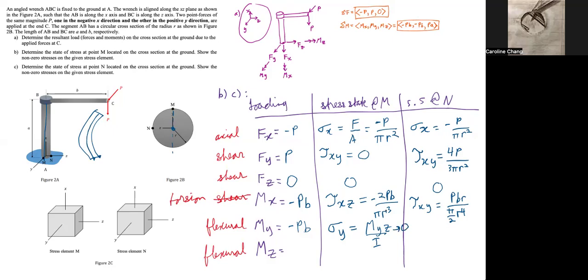So we can either show that the stress along the y-axis in that direction due to the flexural stress of My is equal to 0 through algebra or equation, or we can just think about it as: because the stress element lies along the neutral axis, it will be 0 since it won't be either compressed or under tension in that place. As you see, it won't be under tension or compression along the neutral axis.